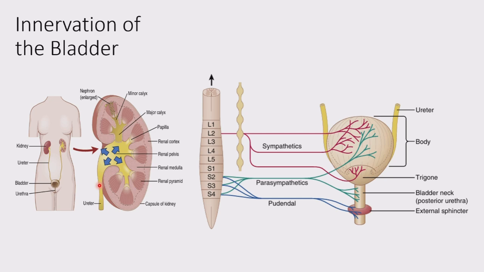Another important thing to note here is that the peristaltic contraction in the ureter is enhanced by parasympathetic stimulation and inhibited by sympathetic stimulation, which makes sense because you don't want to urinate when you're running for your life.